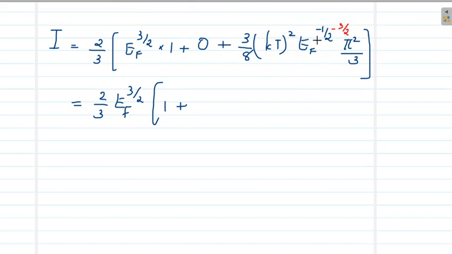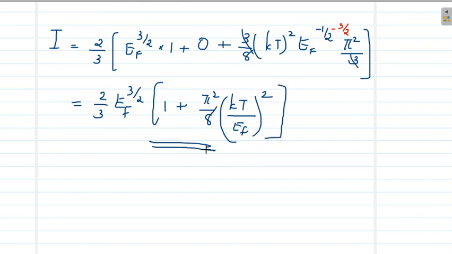It will be Ef^(-2). So that term will be simply pi square by 8, because these 3 and 3 in the denominator will cancel out. So pi square by 8 into (kT by Ef) the whole square. Ef^(-1/2), the minus 3/2 term will be 1 by Ef square.